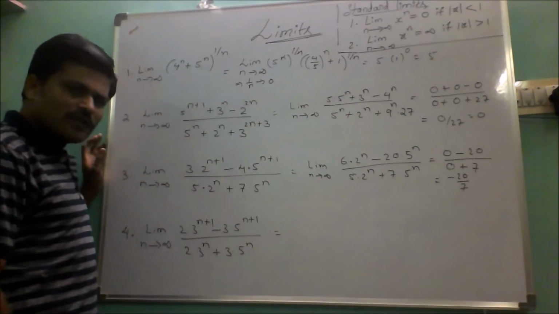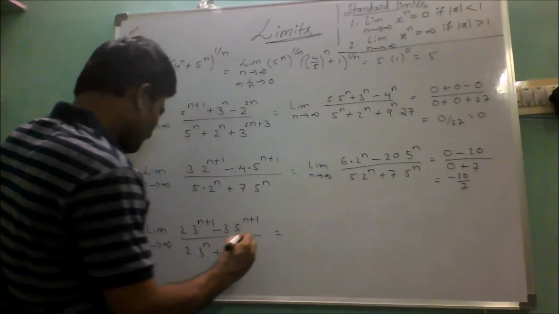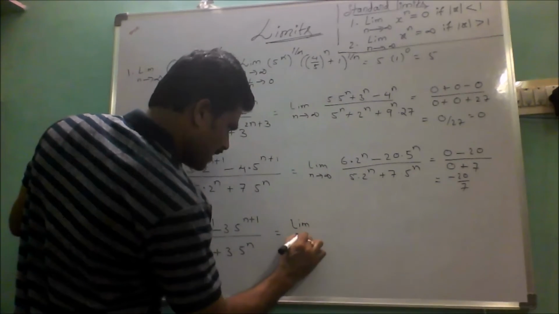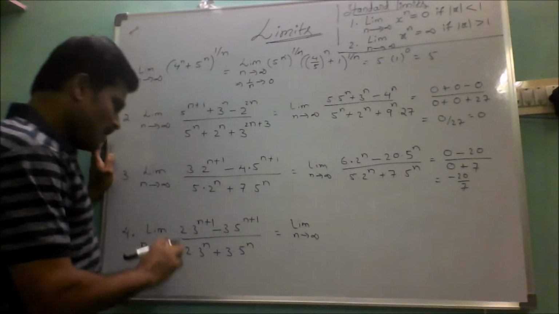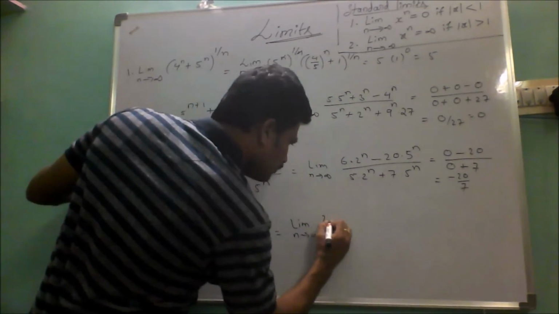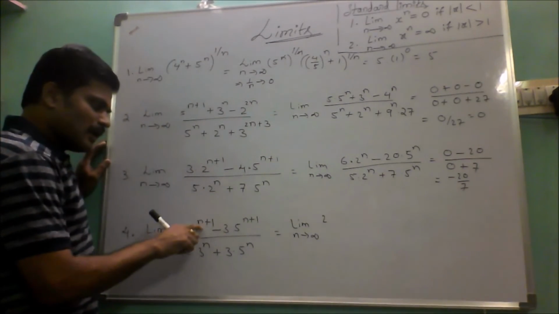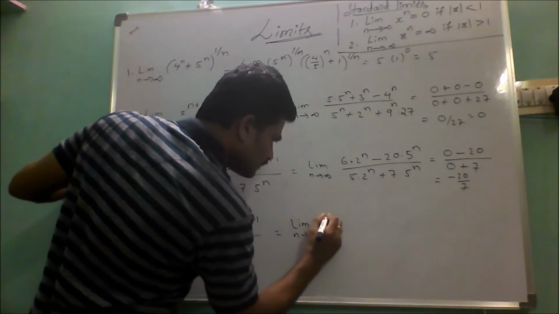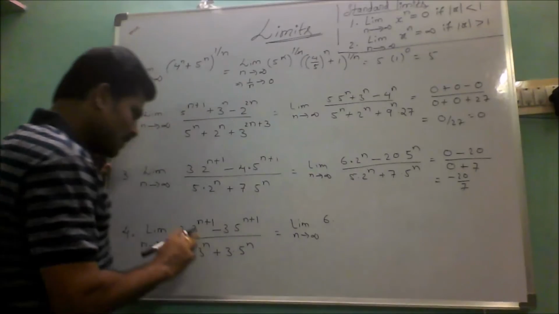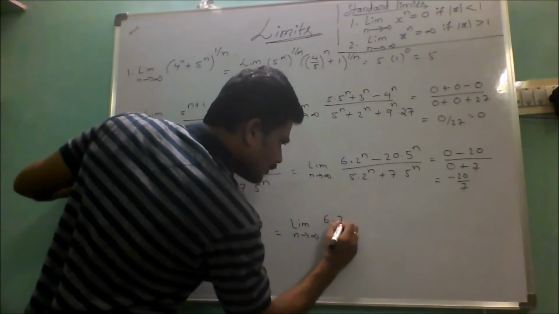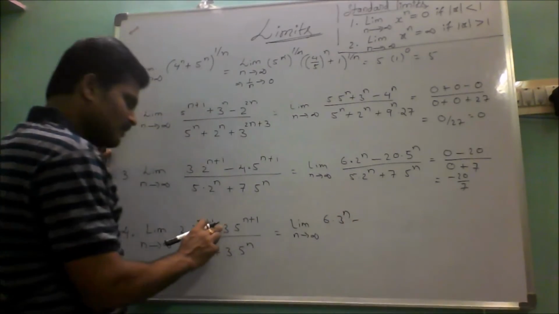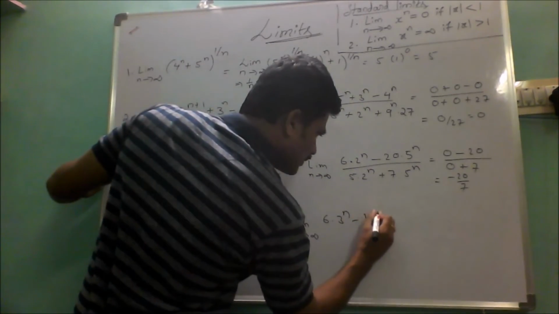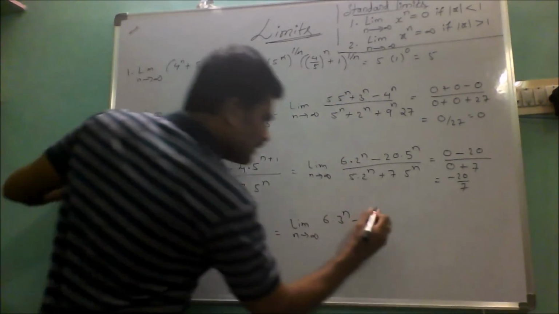Similarly, we go to the fourth one. Here, directly, first of all we write the powers of n. Limit n tends to infinity, 2 into 3 power n into 3, that is 3 into 2, 6, into 3 power n, minus 3 into 5 power n into 5, that is 15 into 5 power n.